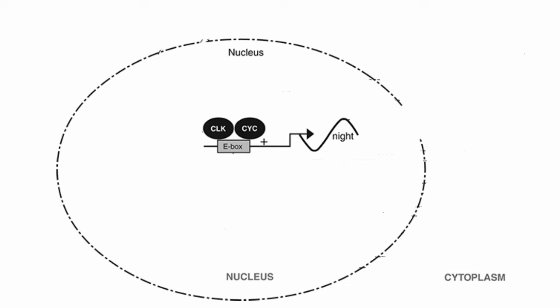We have Clock and Cycle, these black ovals that are on the promoter region of a number of different genes. Clock and Cycle form a heterodimer. They bind together, which allows them to bind to E-box, which is just a specific promoter.